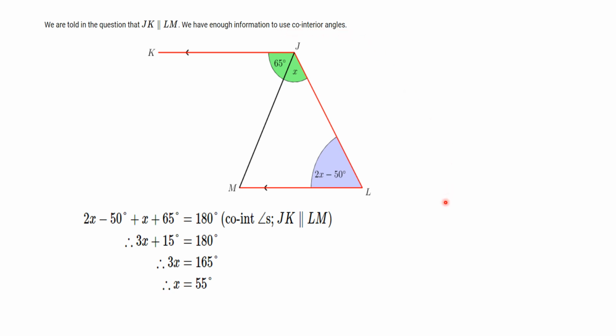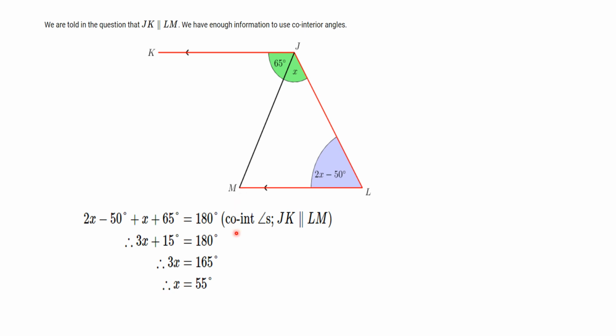Because we want to calculate x, as you can see, the two angles, 60 and x, as well as 2x minus 50, are between the parallel lines. They form a U shape. Those that form a U shape we call co-interior angles, and they are not equal, but they add up to 180 degrees.